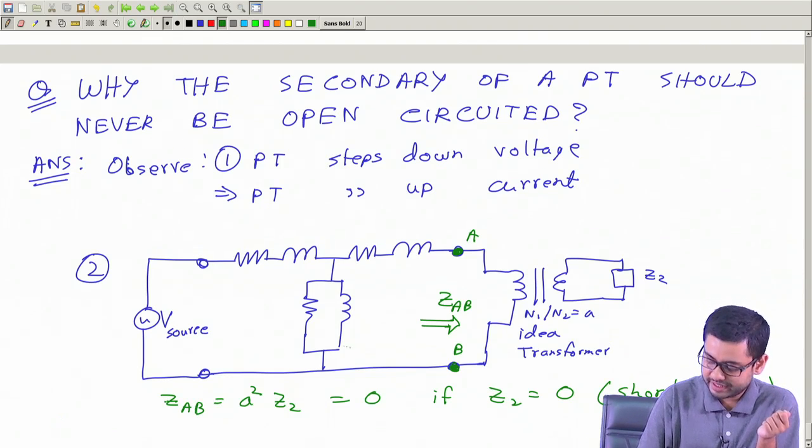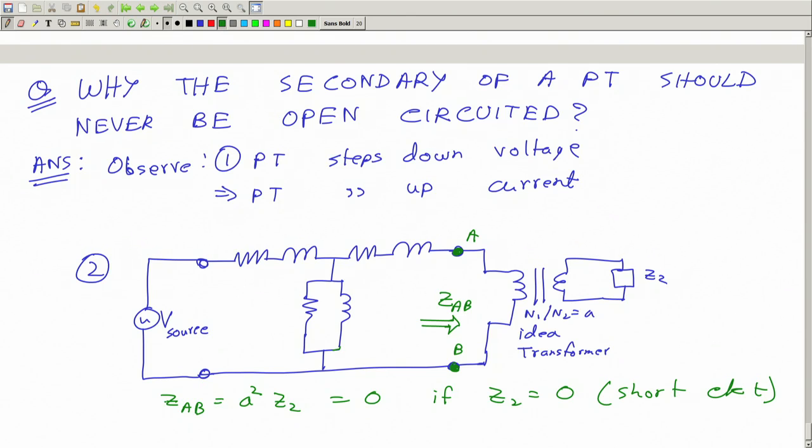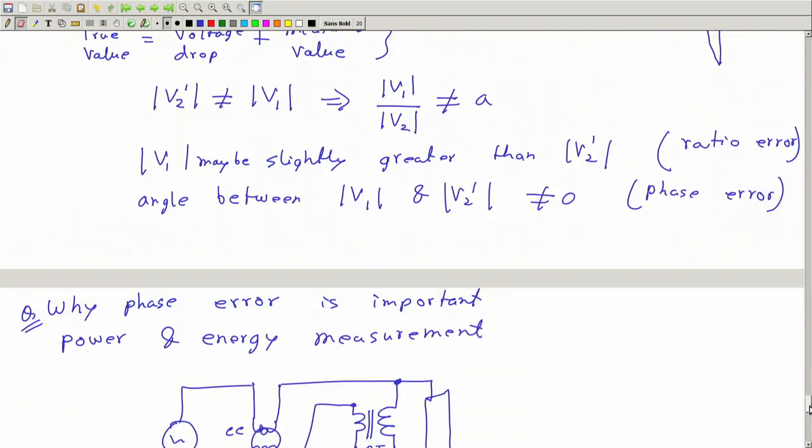And then these impedances, call this R1, X1, R2 A square, X2. Now these impedances have to be small by design. I think I forgot to mention this.